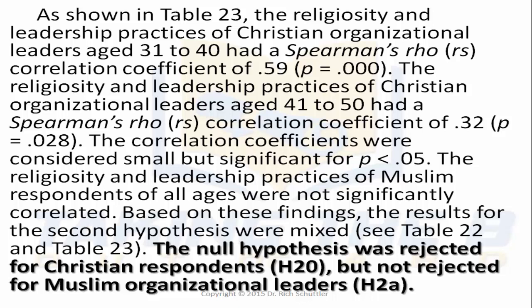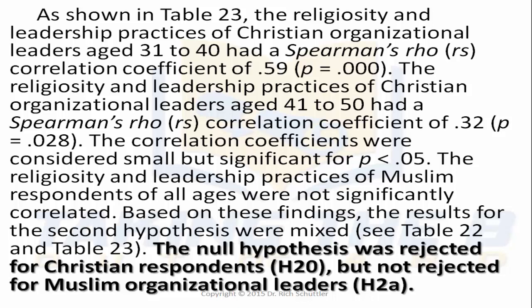And then he shows, as shown in Table 23, the religiosity and leadership practice of Christian organizational leaders aged 31 through 40 had a Spearman RHO correlation coefficient of 0.59, P equals 0.000. The religiosity and leadership practices of Christian organizational leaders ranging from 41 to 50 had a Spearman RHO correlation coefficient of 0.32, P there equals 0.028.